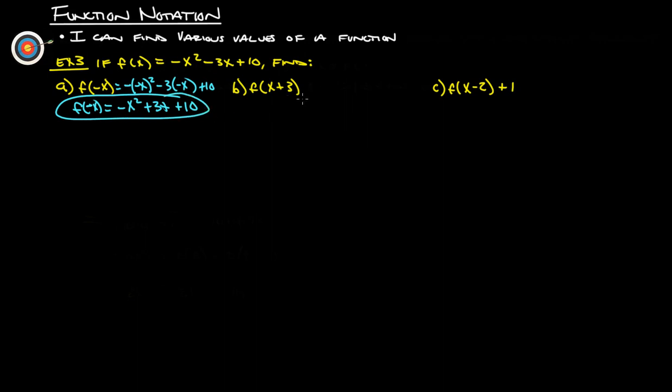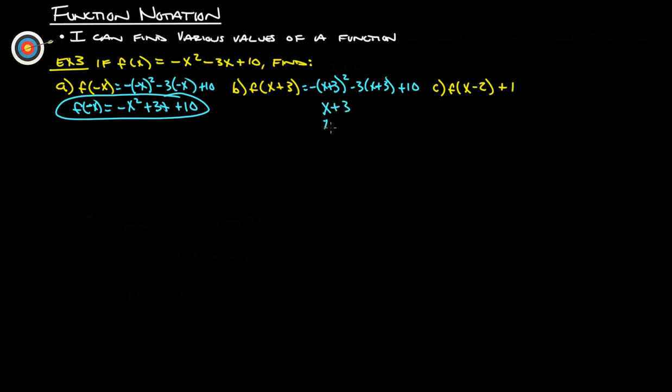Okay, this one here, f of x plus 3. So now we've got negative x plus 3 squared minus 3 times x plus 3 plus 10. So if you'll notice here, we got x plus 3 times x plus 3. So we actually got to multiply that out. You can FOIL it if you want, or I'm going to do the stack method.